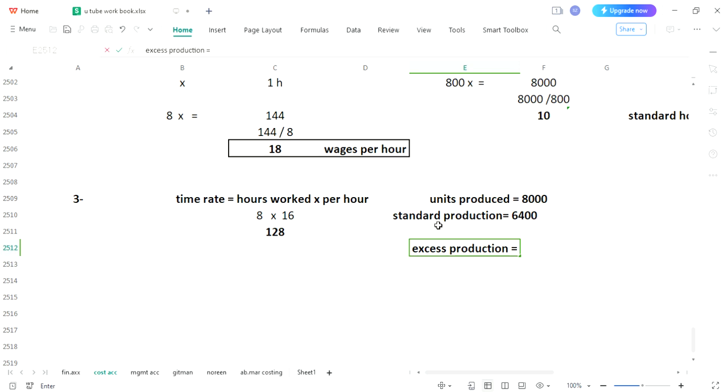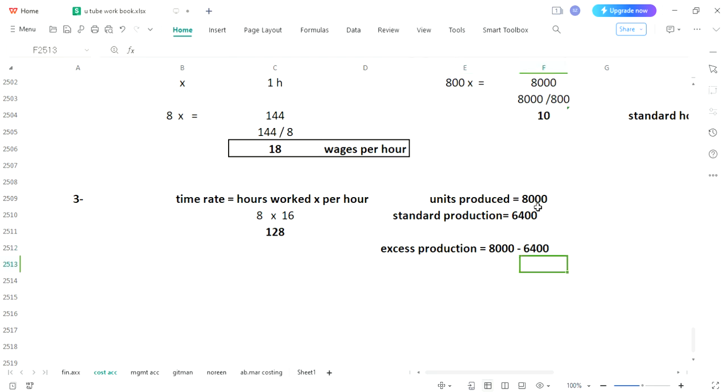That means we were expecting him to produce 6400 while he produced 8000 units. So how many extra units has he produced? For this, 6400 would be subtracted from 8000, with which we will be able to calculate extra units. Now put it on your calculator, 8000 minus 6400. This way you have calculated your excess production, 1600.